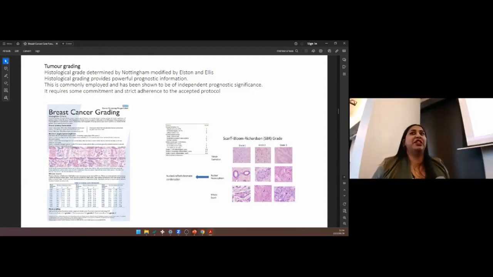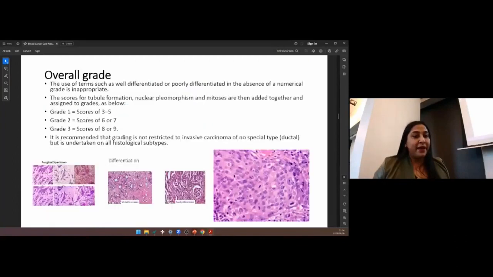I'm not going to spend too long on this because I'm sure everybody's familiar with it when they encounter it. I'm just briefly going over it. So like I said, grade 1, 2, and 3 predicts outcome. It is recommended that grading is not restricted only to the invasive carcinoma of a special type, but you look at it in all the types of carcinomas.